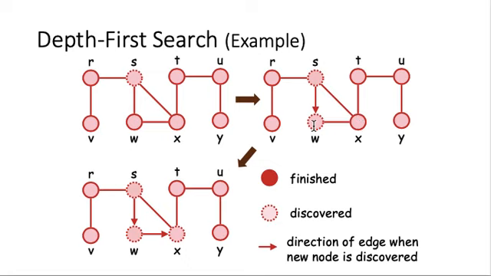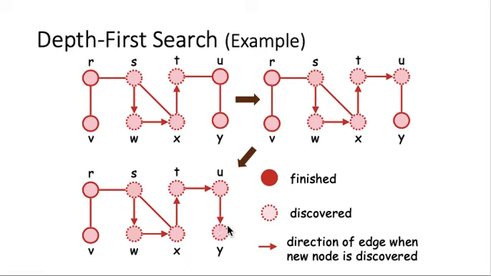So in that case, W will try to visit X, so we will check X. So in that case, X is now discovered, and this arrow tells us that, oh, W is discovering X. And after that, if we are starting at X, we will find out the neighbors of X, but then we find out that X should now discover T. So this is what we see, X discovers T, and similarly, T discovers U, and then U discovers Y. So this is what happens here.